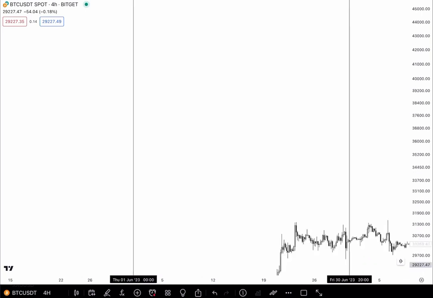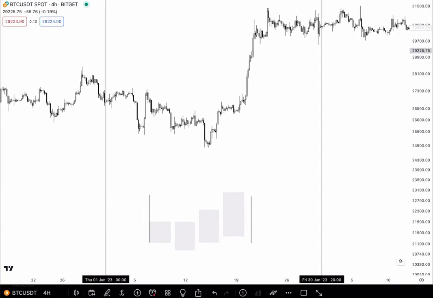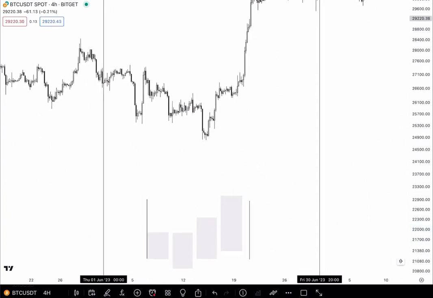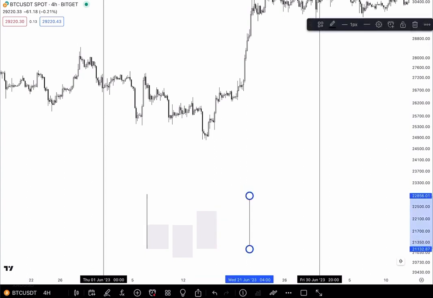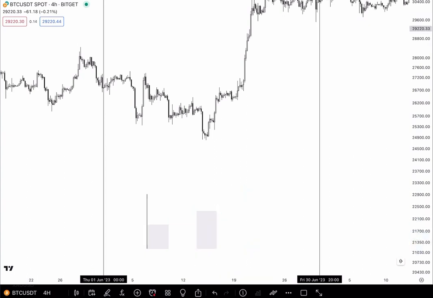So anyway, let's finish up with the monthly candle power of 3: the open, high, low, and close.